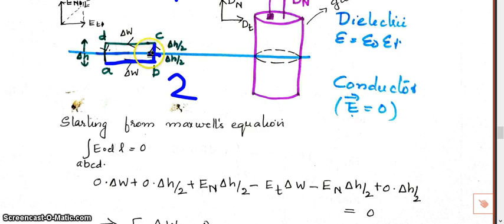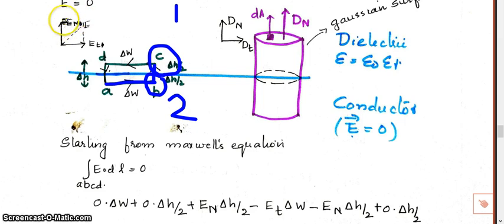So the lower half of BC will not have any electric field since it is lying in a conductor. But the upper half will have an electric field since it is lying in a dielectric medium, and that component will be En1, the perpendicular component across the first medium, En1 into del h by 2.